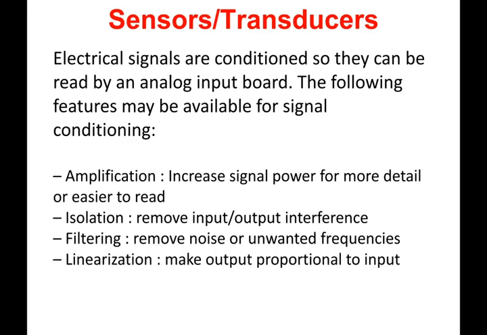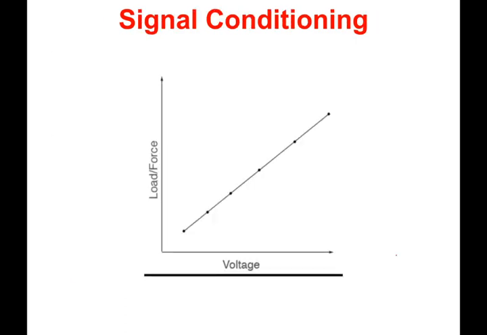You can linearize them, meaning that you want to make an output proportional to the input. So this linearization part can be explained better with a graph here. For example, you may read and get input of voltage or the other way around, right?